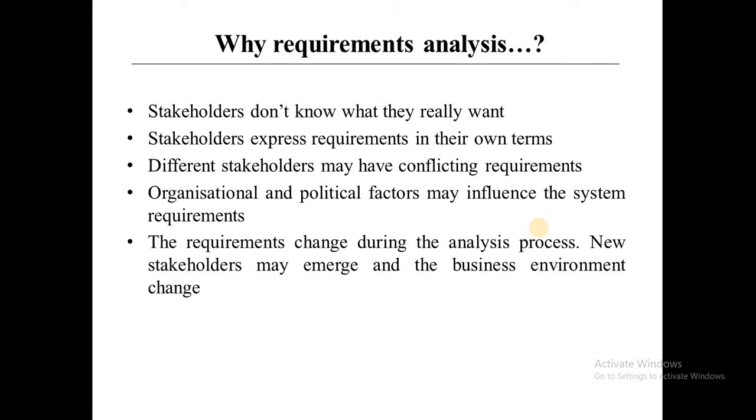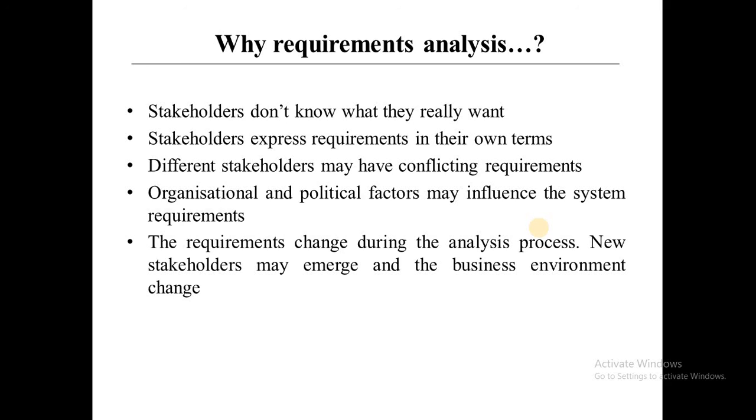Different stakeholders may have conflicting requirements. Organizational and political factors may influence the system requirements, and the major problem is change of requirements during the analysis process. The reason is that new stakeholders may emerge, and the complete business environment may change. So these are all the problems that happen in the requirements engineering process.